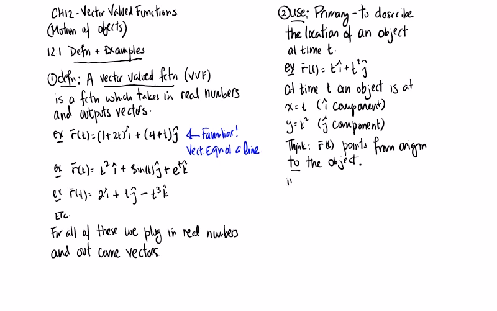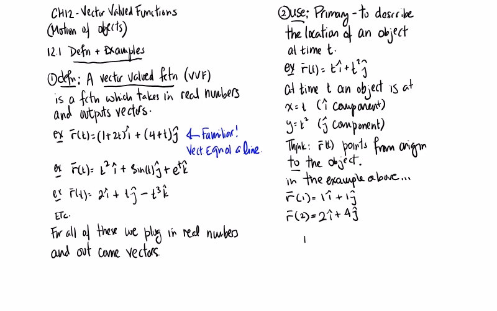So for example, in this example, if we were to plug in a couple of t values, say r of 1 is 1i plus 1j, r of 2 is 2i plus 4j. I'll just do these two points.